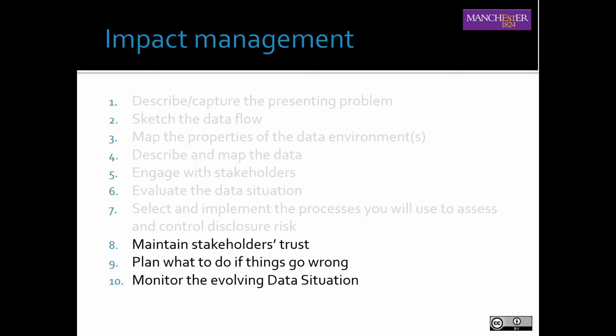Remember that risk is also about impact. Impact is partly about people's understandings and perceptions. Plan what you do if things go wrong. So have in place a contingency plan which will reduce the impact, therefore reduce the risk, and then monitor the evolving data situation, i.e. don't release and forget.